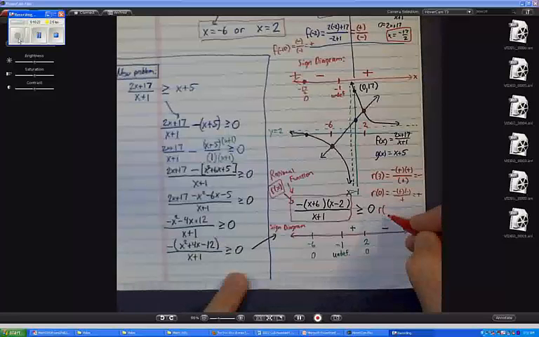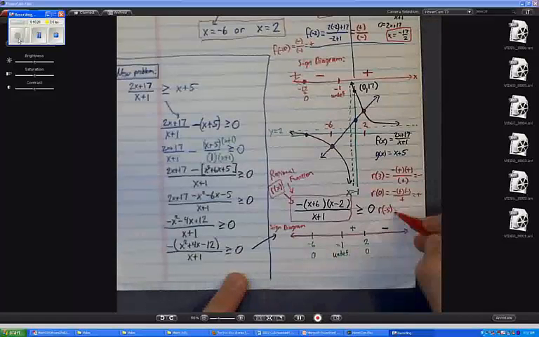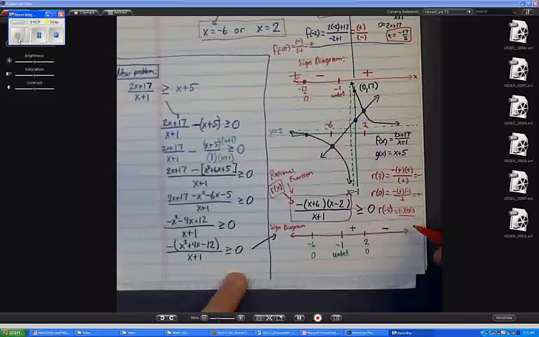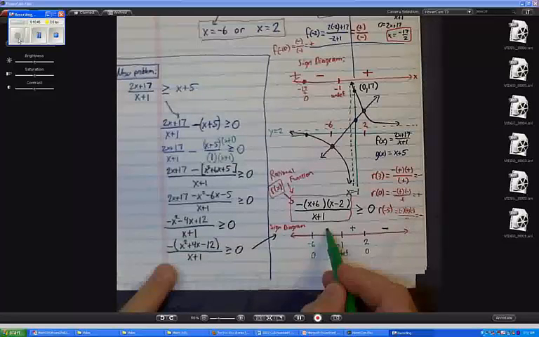r of, say, something like -5. That'll put me in this interval. Let's see. Negative, positive, negative over what? Negative. So this ends up being negative.